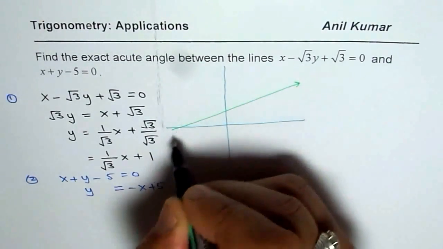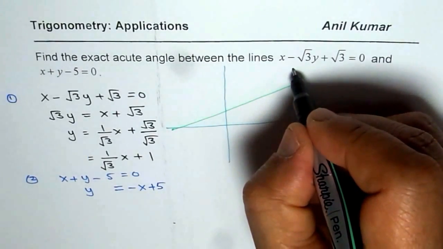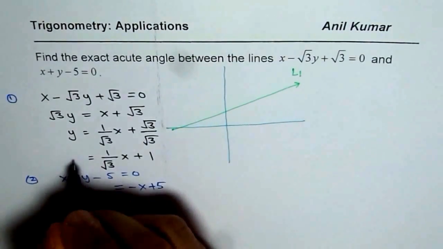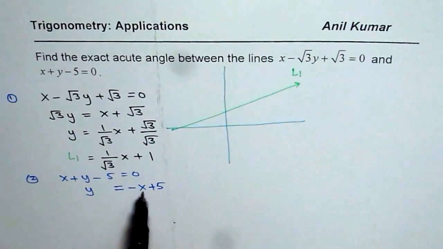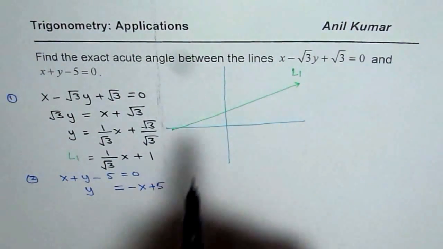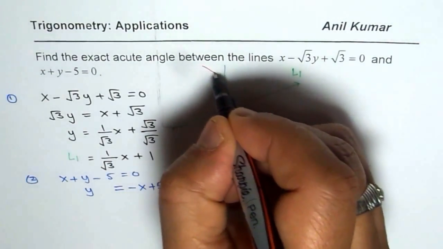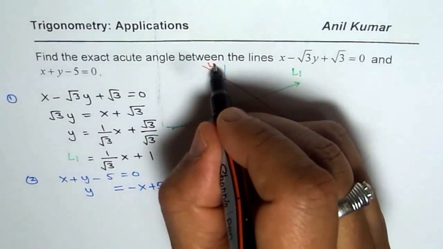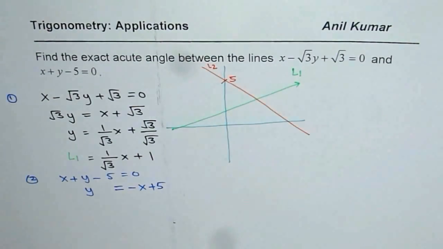This is our line number 1, let me call it L1. Now the second line is y equals minus x plus 5, slope is negative, y-intercept is 5. So if this is 1, 5 will be way above, with a slope of minus 1. So let me draw a line like this. This is our line number 2.